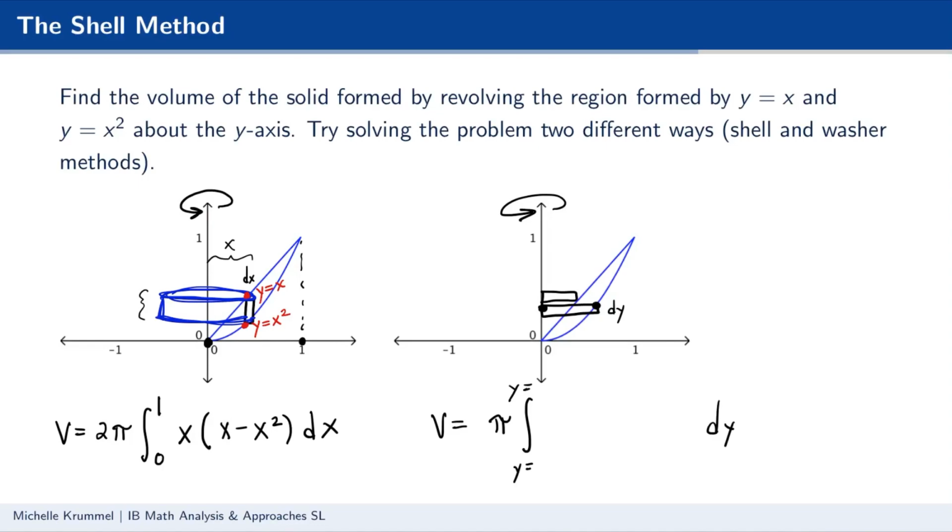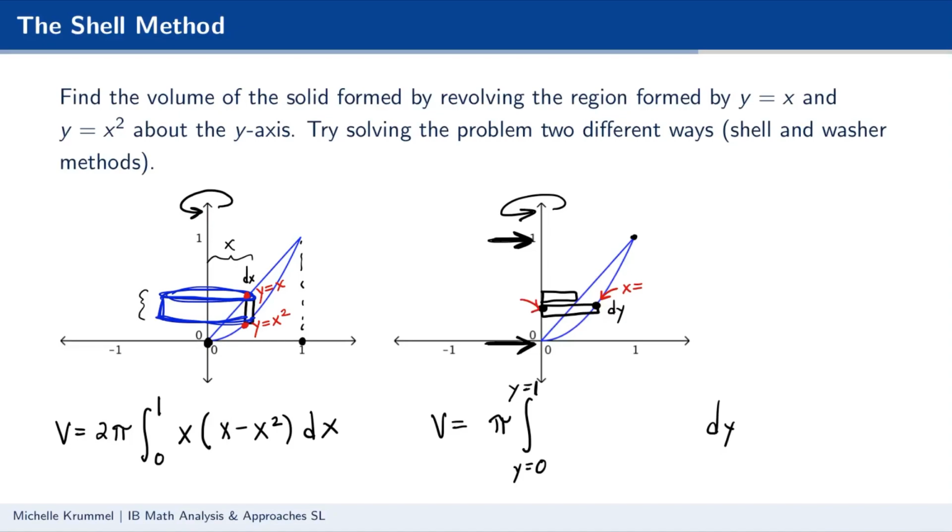So I'm going from y equals 0 up to this point right here, y equals 1. So even coincidentally, if you had accidentally used x values here, it would also be 0 to 1, but be careful about that. So y goes from 0 to 1, and then we need the big radius, which is this horizontal distance, so right x minus left x, and then on the right, x equals what?